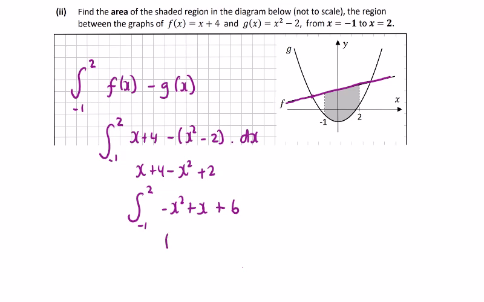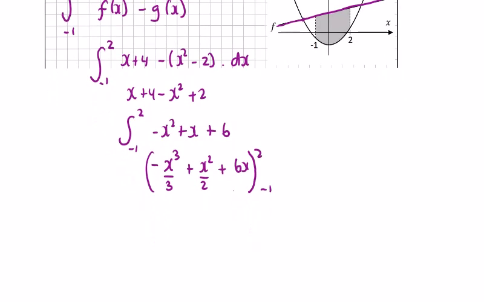So if I put 2 in first, sorry, to integrate it first, minus x cubed over 3 plus x squared over 2 plus 6x between 2 and minus 1 is going to give minus 8 over 3 plus 4 over 2 plus 12.